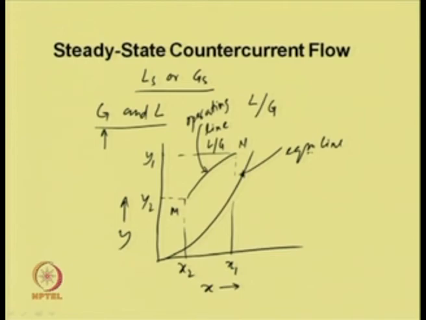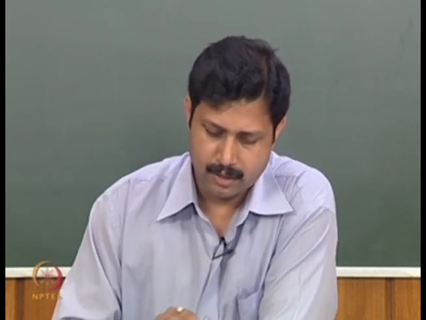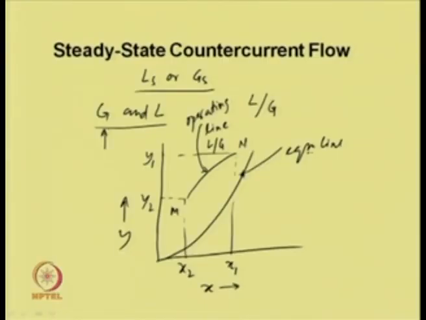The equilibrium line and the operating line both will be curved, since L and G are changing along the flow paths of the phases.